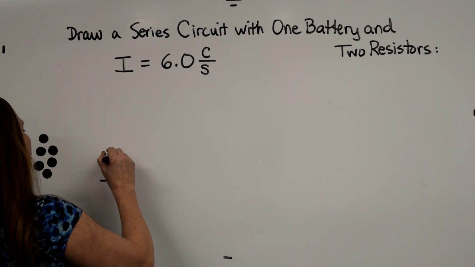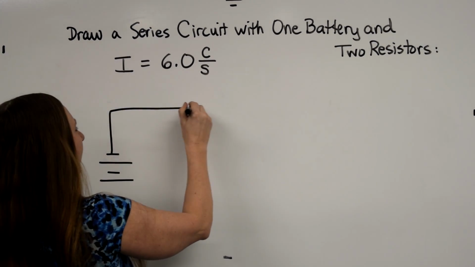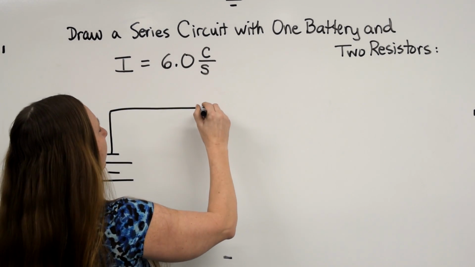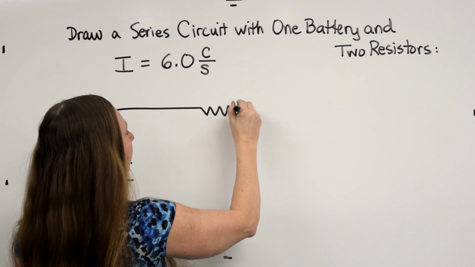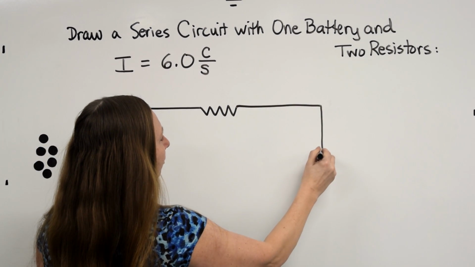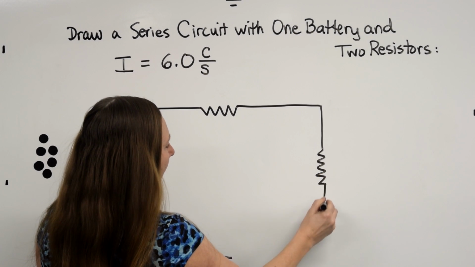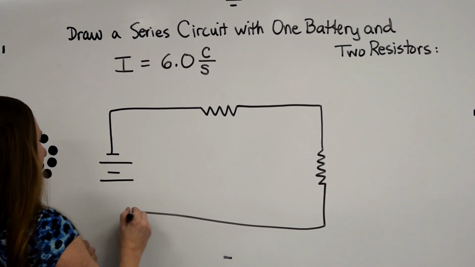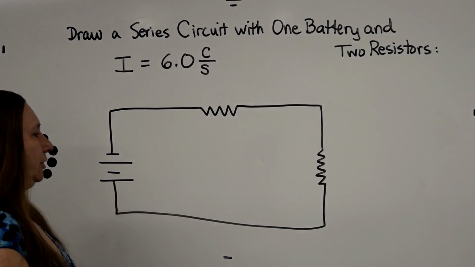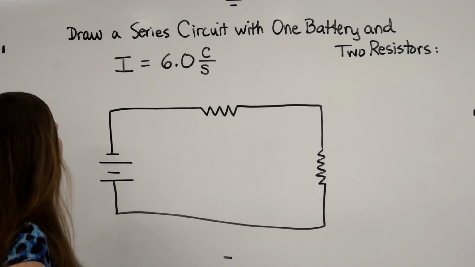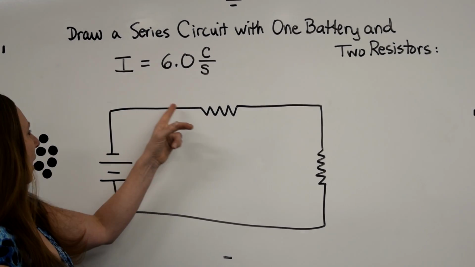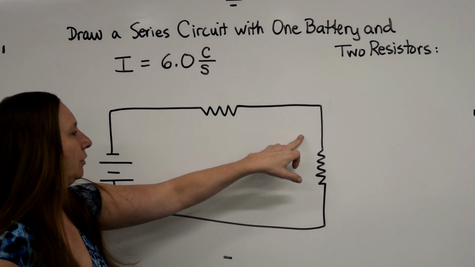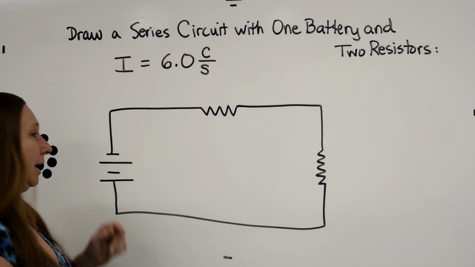I'm going to draw some wire, and I'm going to draw 1 resistor here, and I'll put another resistor over here. It doesn't matter how many zigzags you make, not a big deal. So this is a series circuit. There's a battery, there's the wire, that's a resistor, another wire, a resistor, and another wire going back to the battery.